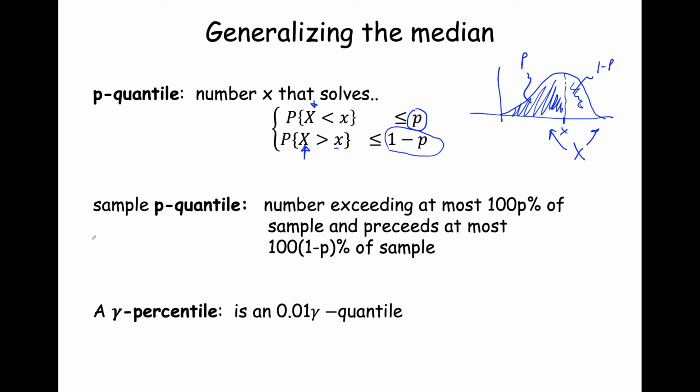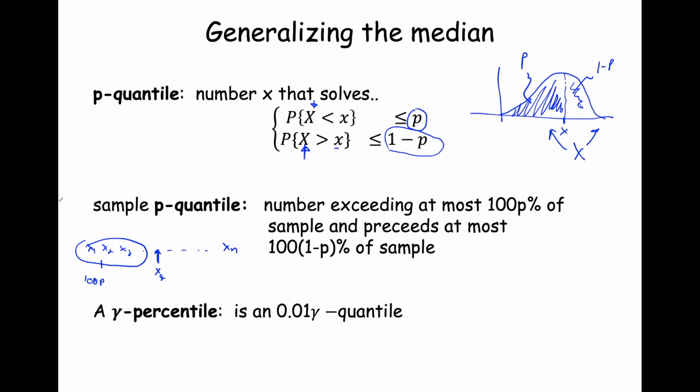So if you have a set of samples, x1, x2, x3, dot, dot, dot, up to and including xn, in non-decreasing order, the sample p-quantile is some value, let's call that xq for quantile, and it's the number that exceeds, meaning that it's bigger than, no more than 100 times p as a percentage.